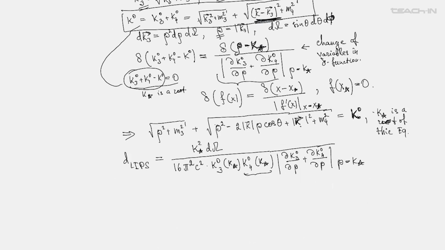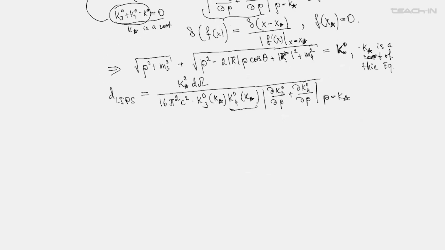Now, further simplification. If you want to simplify this formula further and write it in a more tractable way, then you can go to a particular Lorentz frame. Since you know that d-ellipse is a Lorentz invariant quantity, it does not matter in which frame you calculate it. So you can pick a convenient Lorentz frame, and in particular, the convenient frame is the center of mass frame of incoming particles.